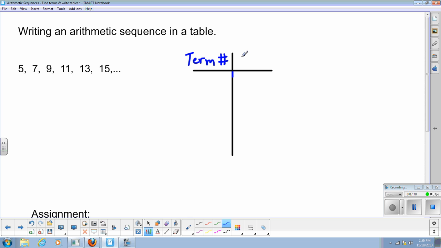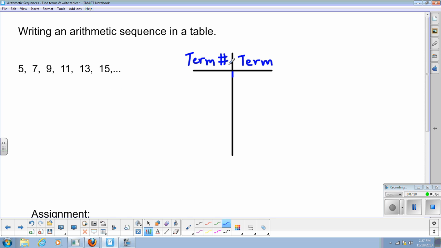And in the right-hand column, we're going to put this, term. So term number in the left-hand column, term in the right-hand column. And if I go too fast, pause the video and then start again when you're ready.